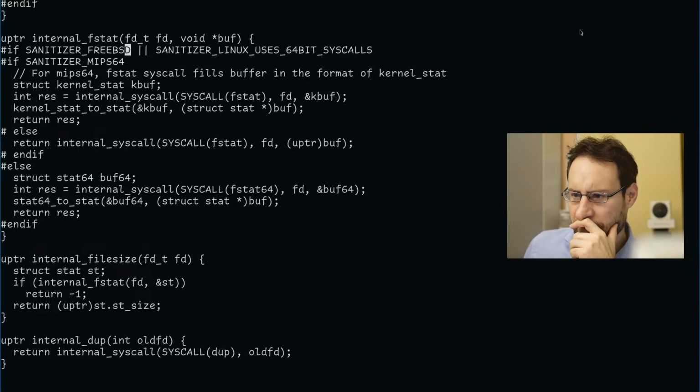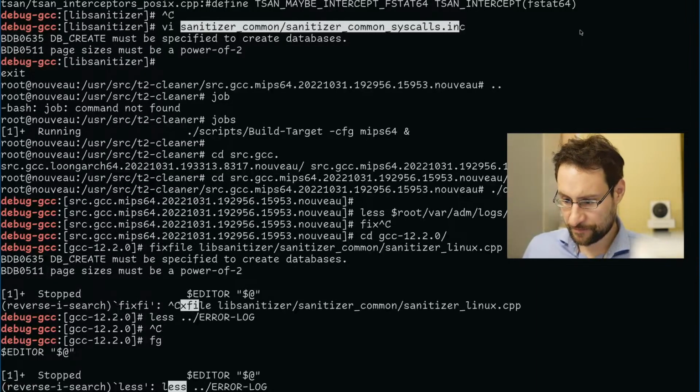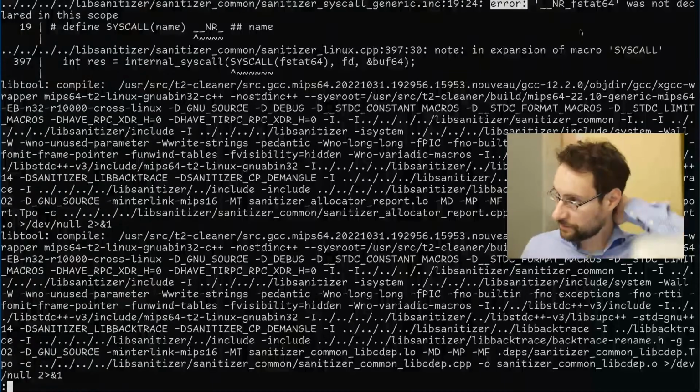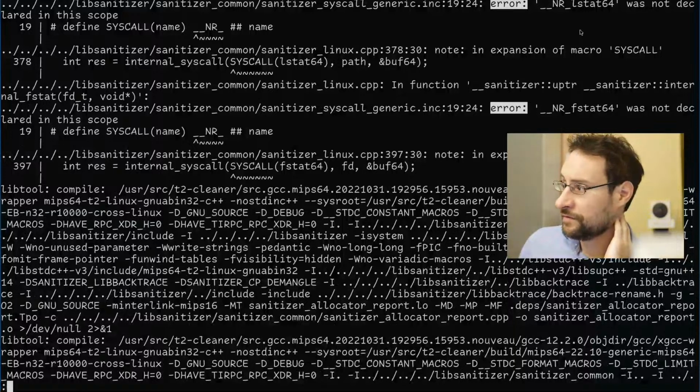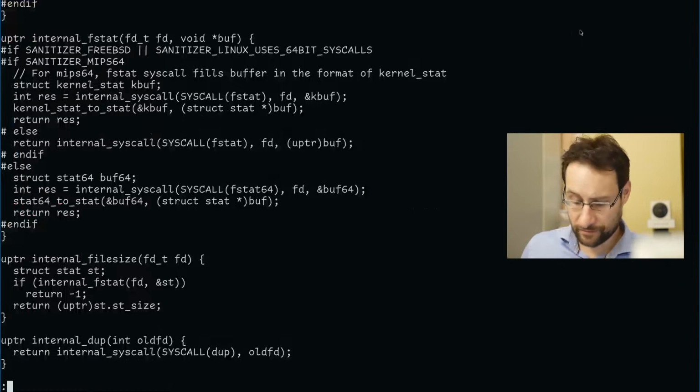So if the FreeBSD sanitizer is lseek 64, it's just called... The question is, for which variant is that? Because we might build multi-lib. Oh, there's more lstat. Stat, lstat, all the stats. So that is 353.